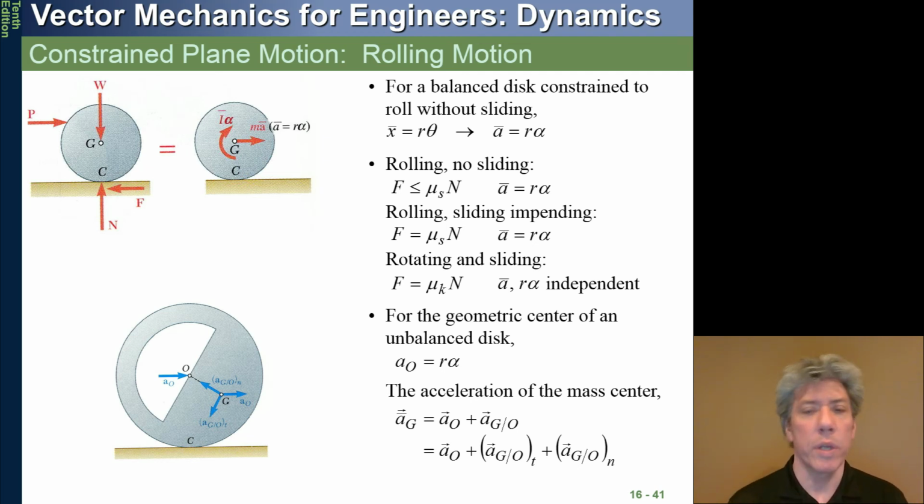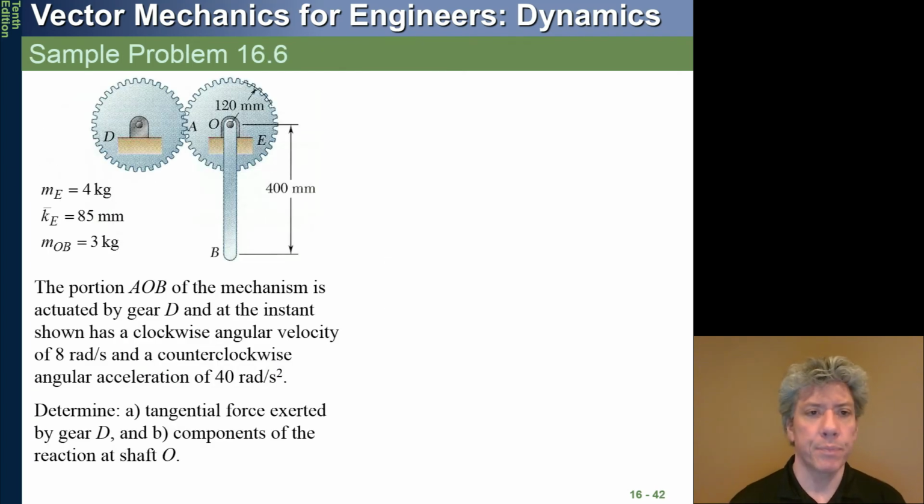The acceleration of point G is equal to the acceleration of point O plus a relative acceleration vector between G and O. And so what this does for us is it allows us to use what we were doing, I believe, in chapter 15, where we were writing the relative acceleration in tangent and normal components.